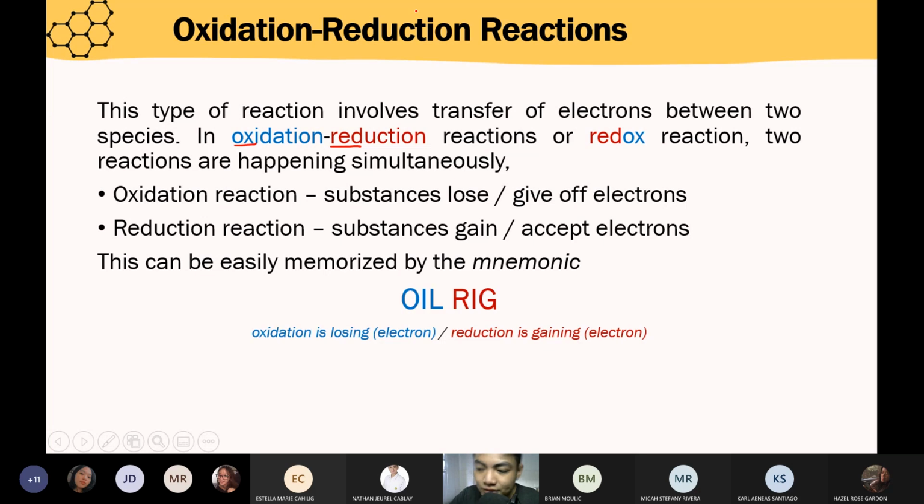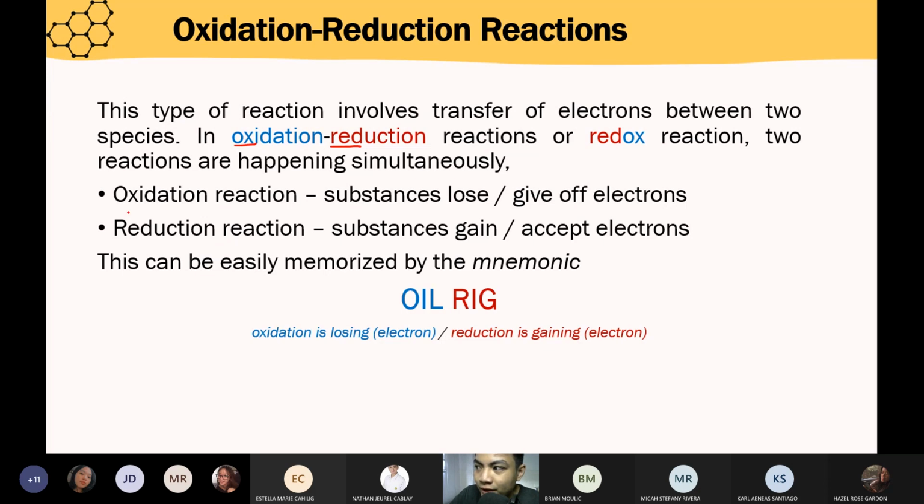Actually, when we have a redox reaction, there are two different reactions happening at the same time. Sabay sila nangyayari. What are those reactions? The oxidation reaction and the reduction reaction.